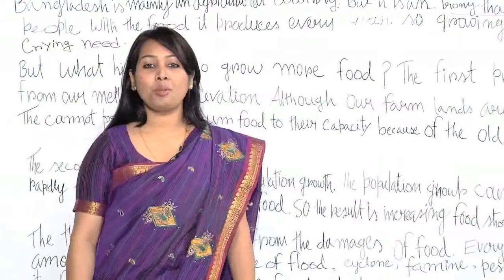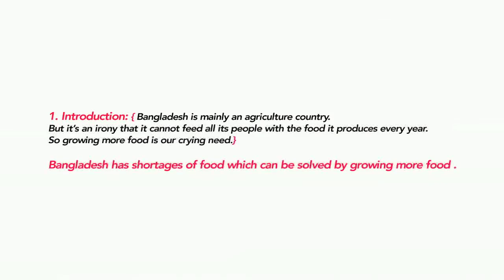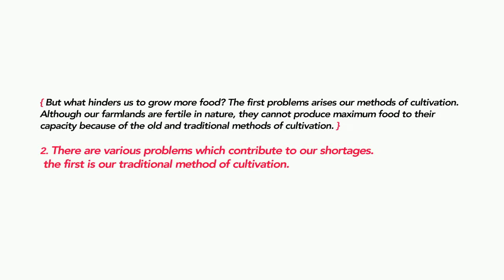We can think about the themes of each paragraph. Number 1, introduction. Bangladesh has shortage of food, which can be solved by growing more food. Number 2, there are various problems which contribute to our shortage. The first is our traditional method of cultivation.